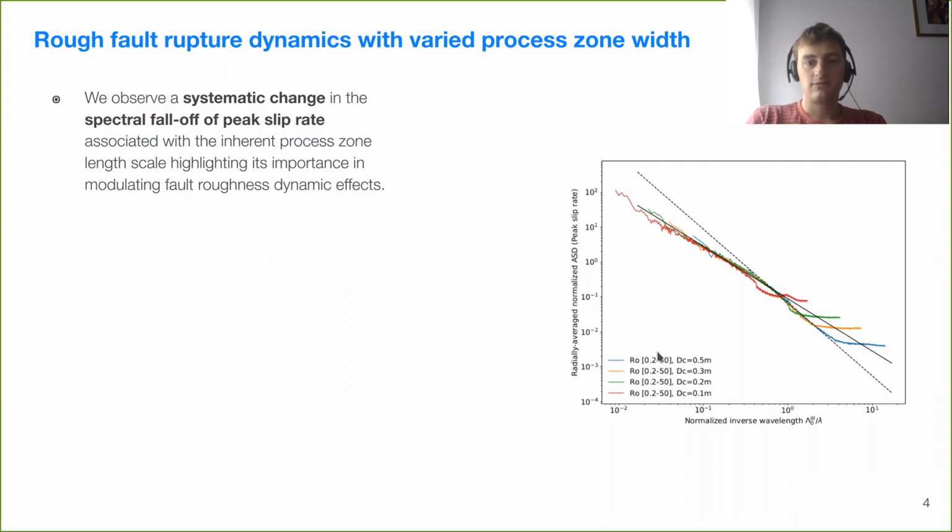So this is the amplitude spectral density of the peak slip rate against a normalized inverse wavelength, that is, the inverse wavelength times the process zone width estimate. And you can see that there are 2 slopes, which suggest a critical behavior of the fault roughness effect at the process zone width length scale.